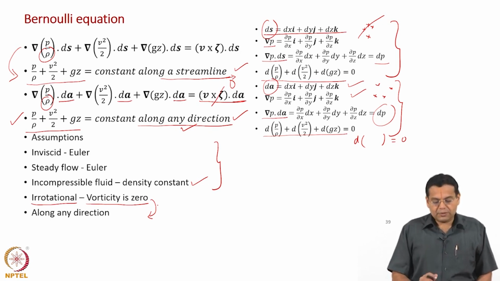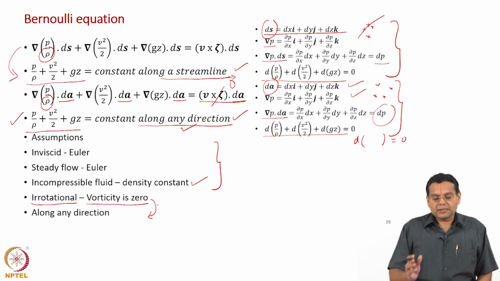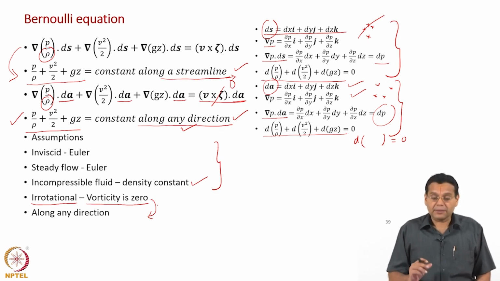Okay. Now, I would like to mention that if you look at a typical fluid mechanics book, Bernoulli's equation is discussed, let us say, in the 3rd chapter; the 1st chapter is on fundamentals, the 2nd chapter considers fluids at rest and rigid body motion, and in the 3rd chapter itself Bernoulli's equation is discussed. How do they derive it?